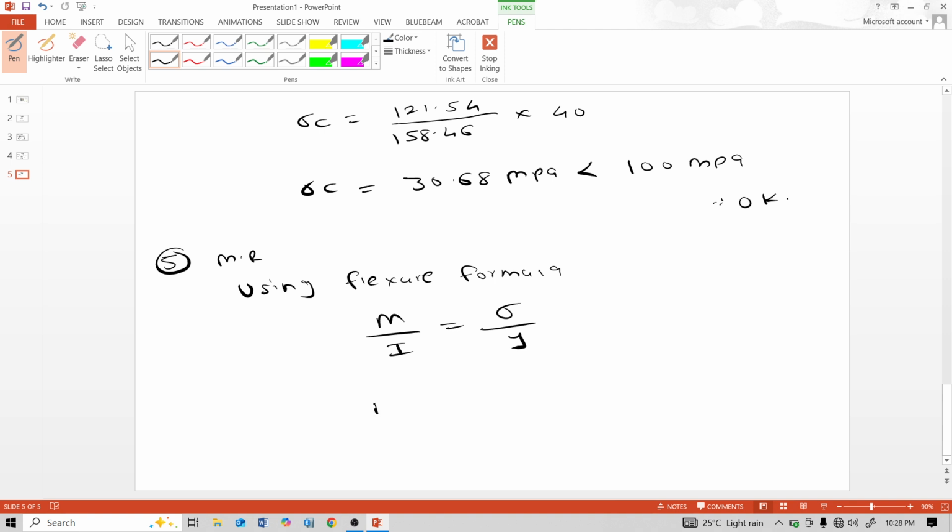This M is the moment of resistance, M is equal to sigma by y into I. Which sigma do we consider? Because we have two sigma, sigma C and sigma T, and we have two y, YC and YT.